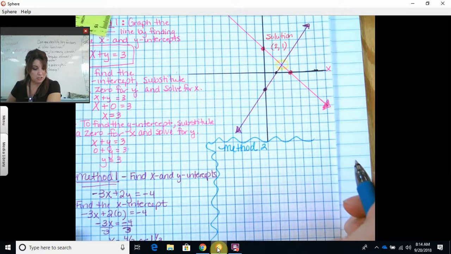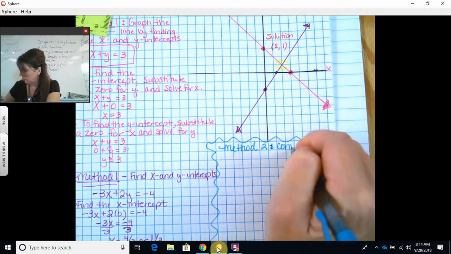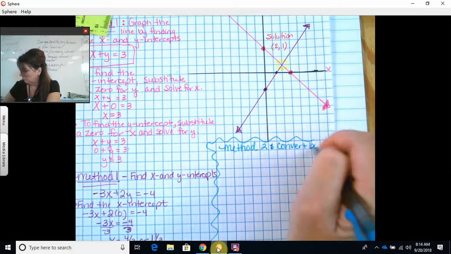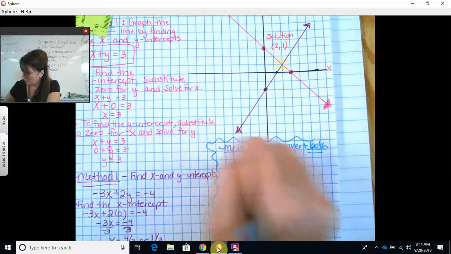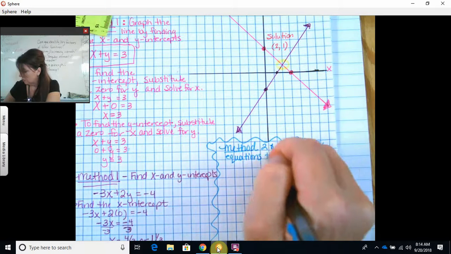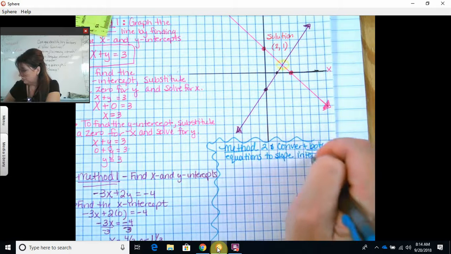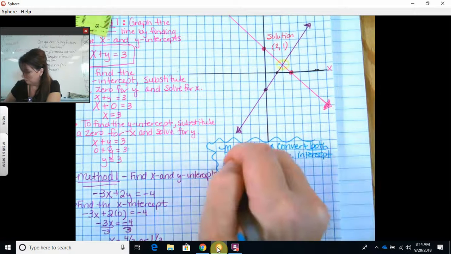So method 2, we will convert both equations to slope-intercept form.